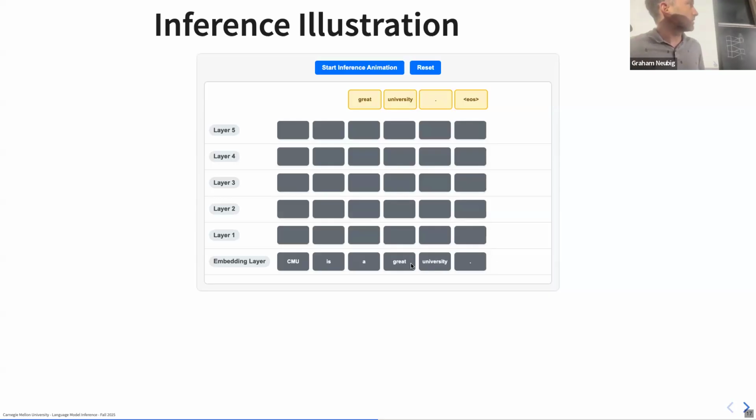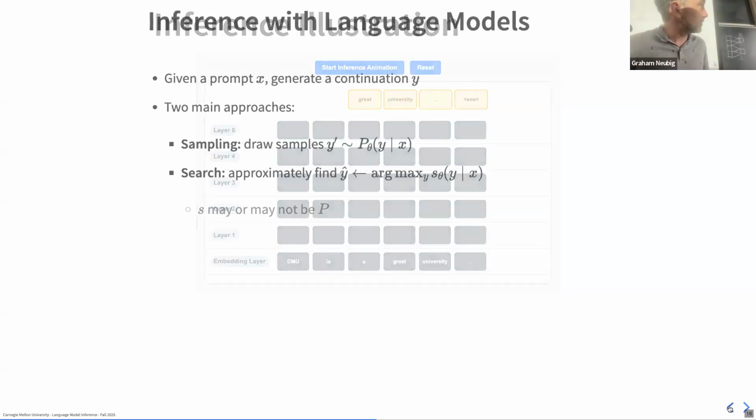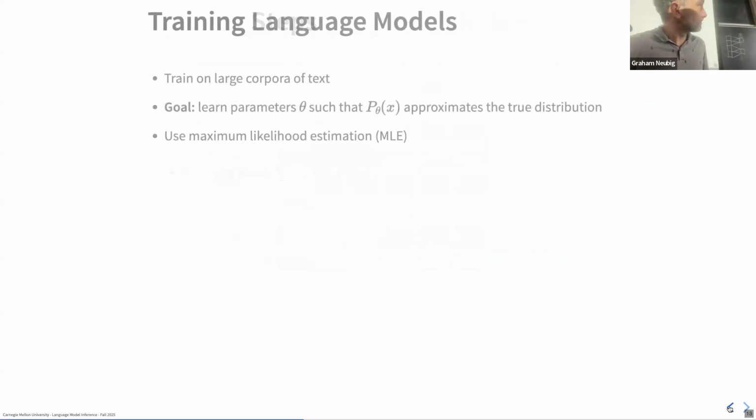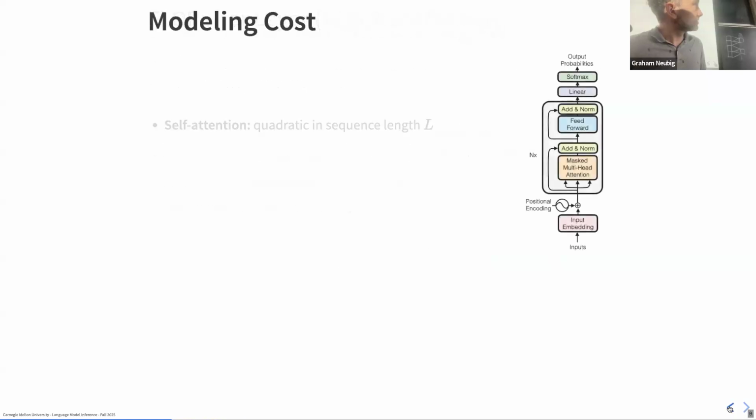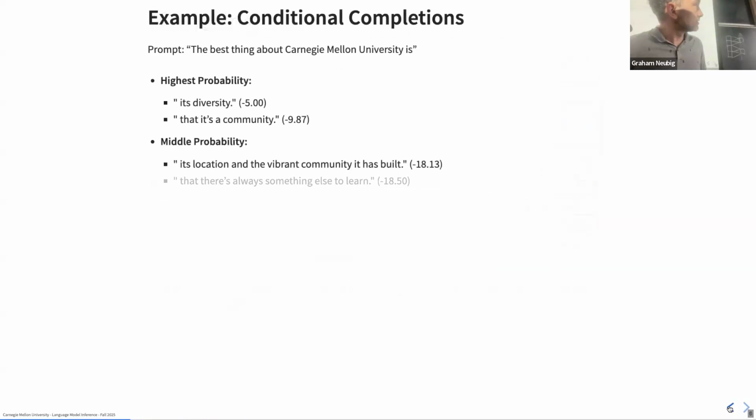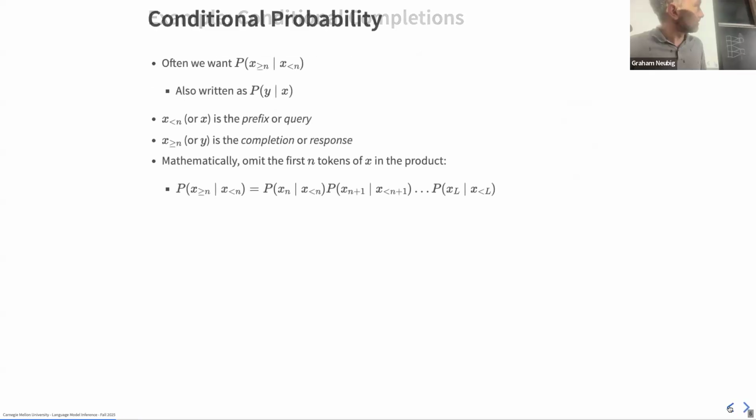And this is really important. The reason why it's important is clear if we go back all the way to the autoregressive decomposition. You'll notice that when we generate the next token, we're only conditioning on the previous tokens.